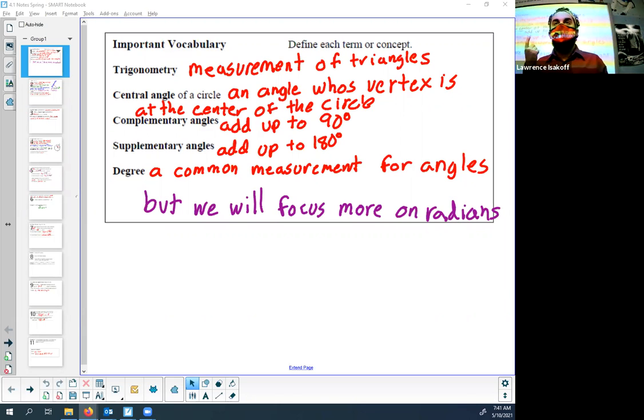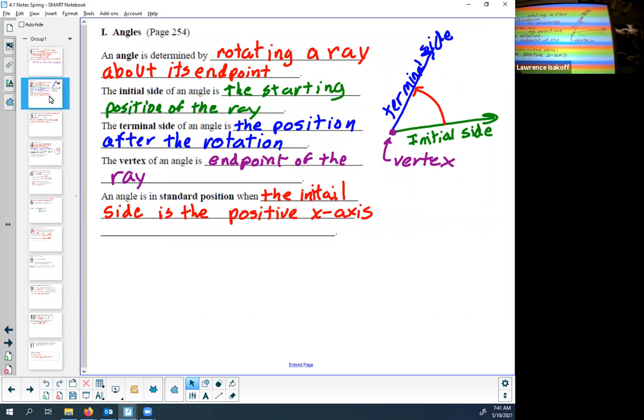Radians, however, is a unit that is based on a much more mathematical sense, and pretty much most math you do from this point on will talk about radians more than degrees, with the exception of some physics, which still works a lot in degrees, just because it is a more commonly used unit. But a lot of the math, there might be a quick conversion to radians to do everything, then go back. Okay.